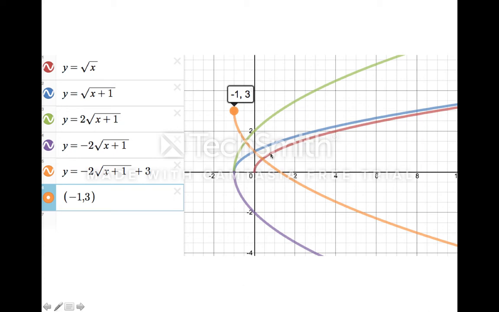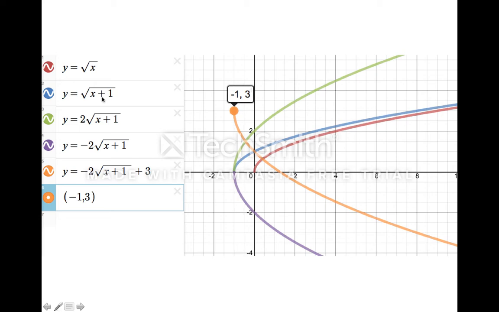That's the red graph. As we're building towards this final result, we're going to do what's underneath the square root first, not the negative 2, not the plus 3, order of operations. Do what's under the square root first. So we're going to add a 1.